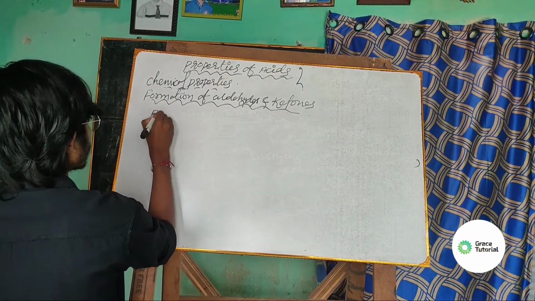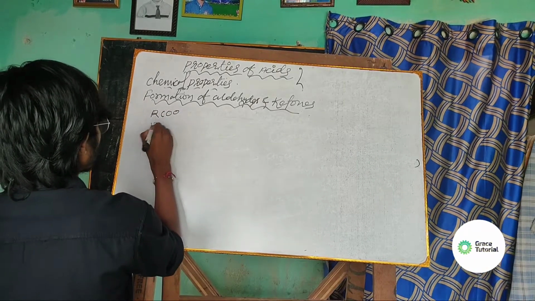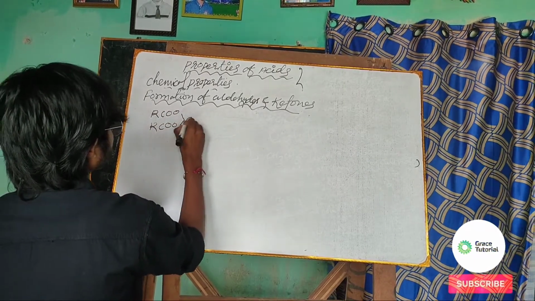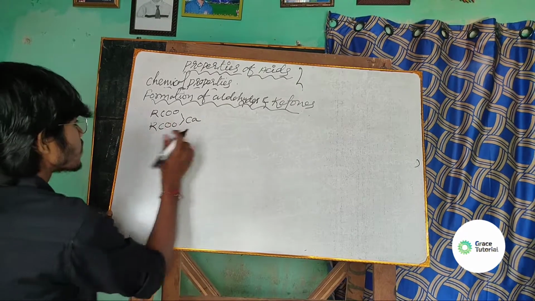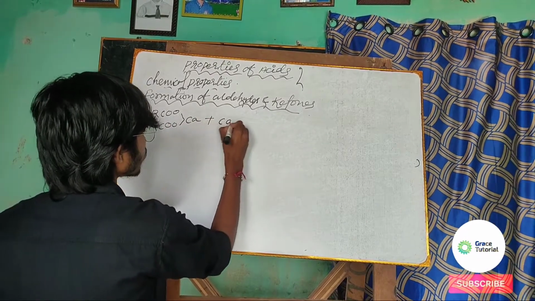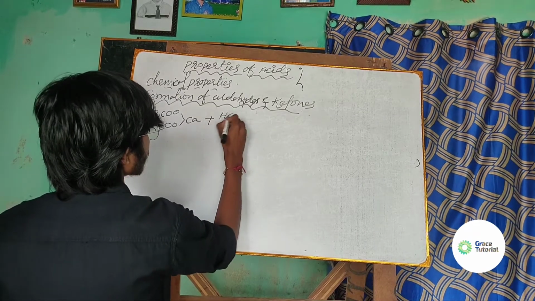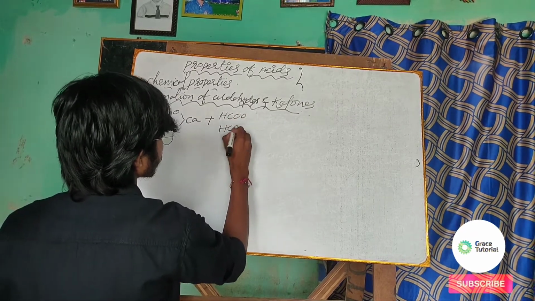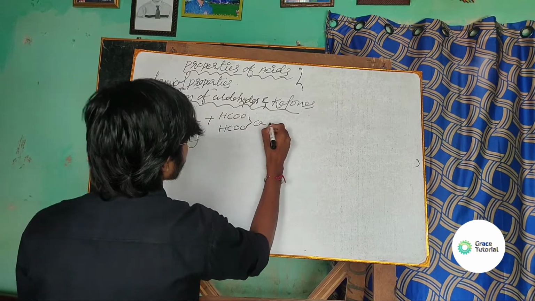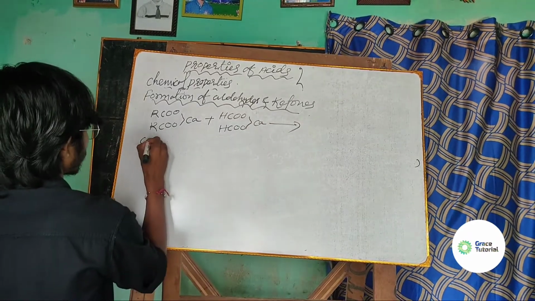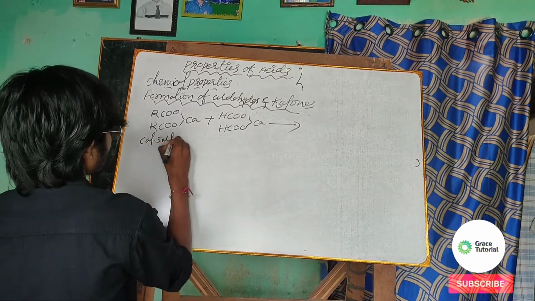Suppose I have RCOO Ca. This is the calcium salt of acid.